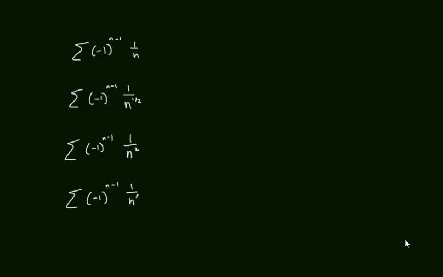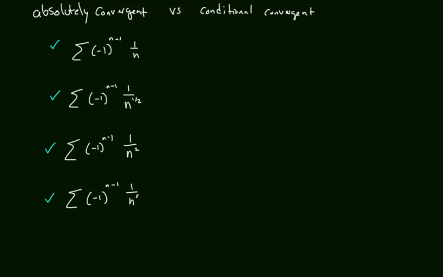Absolutely convergent or conditionally convergent? That's the question here. But before we answer that question, I need you to understand that there's a bottom line to this. Bottom line is that all of these series converge. They all converge by the alternating series test.